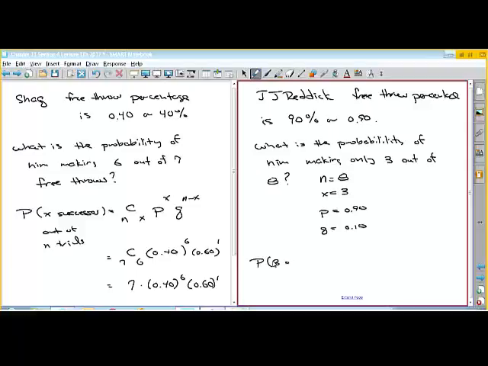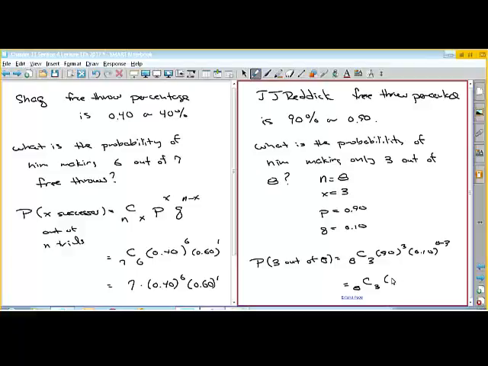So now we can just plug it into the formula. Probability of 3 out of 8 is going to be 8 things taken 3 at a time. Probability of success is 0.9. You raise that to the 3rd power. Probability of failure, you raise that to the 5th power, which is 8 minus 3.